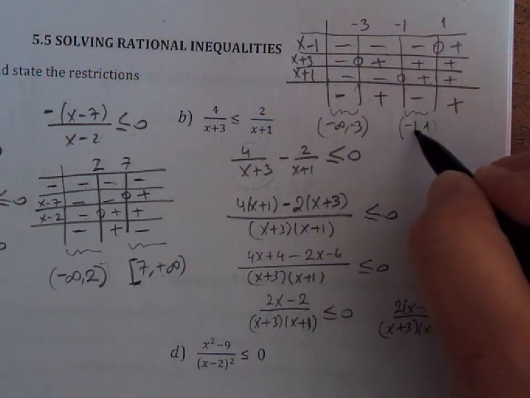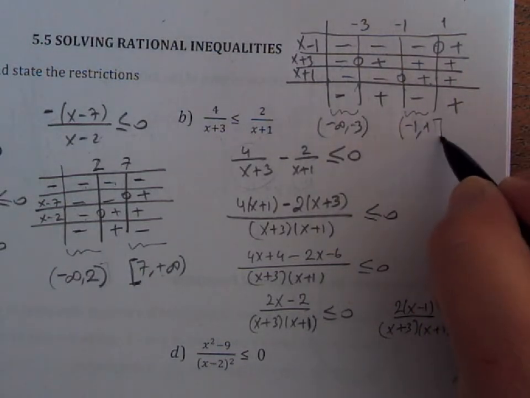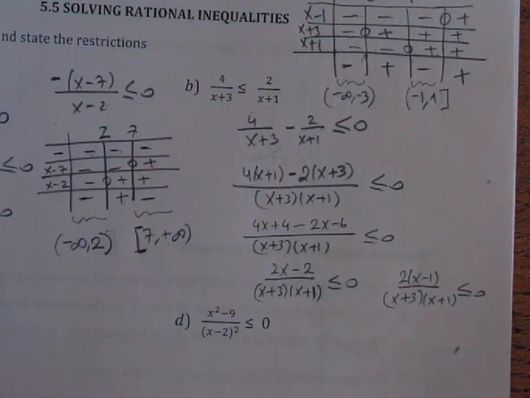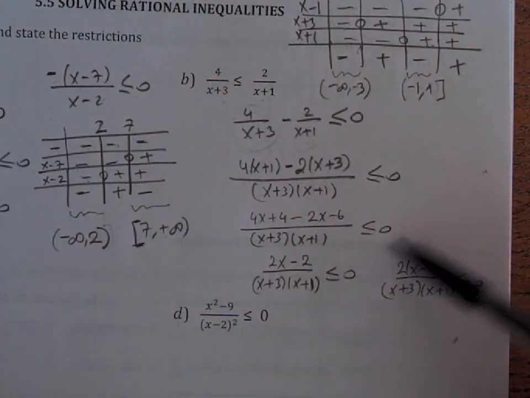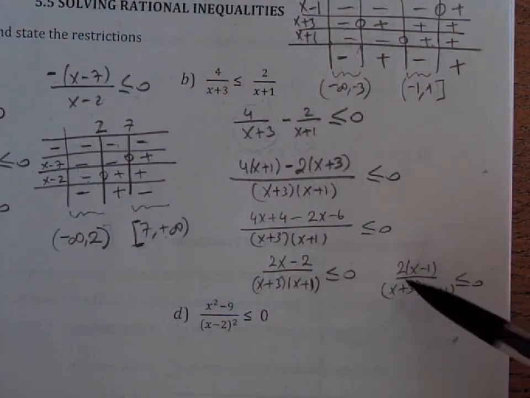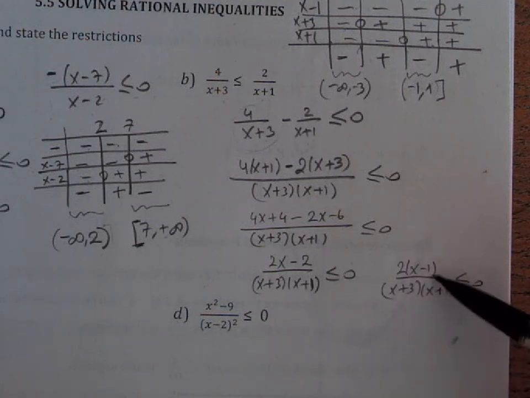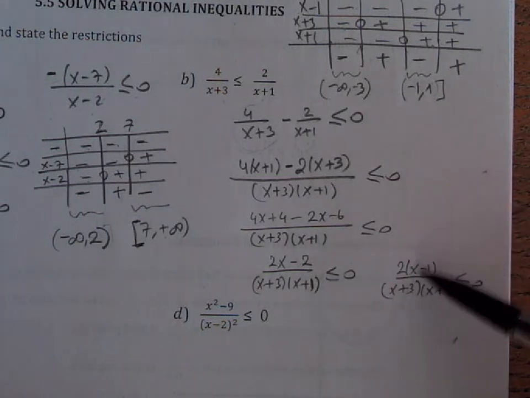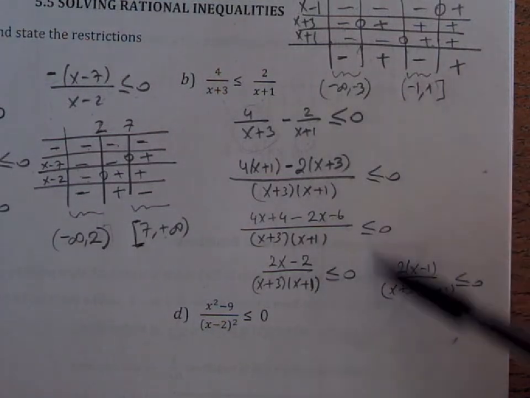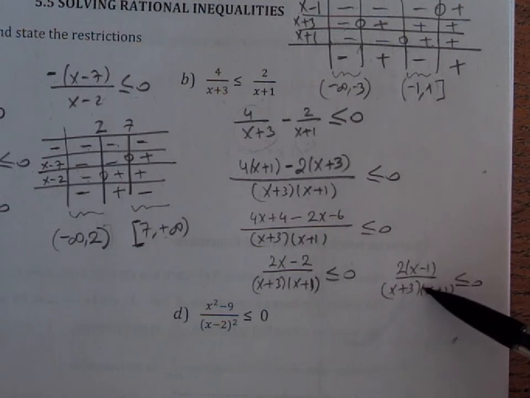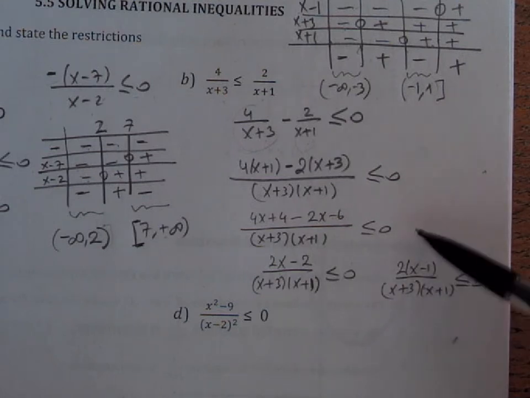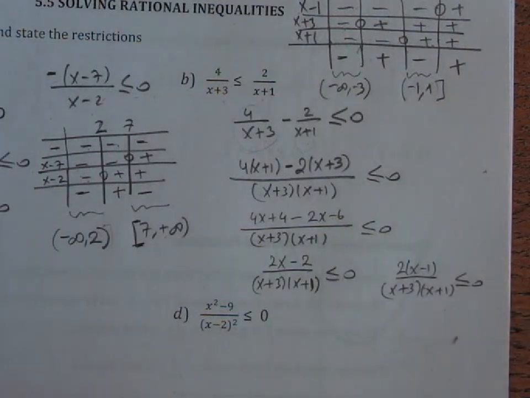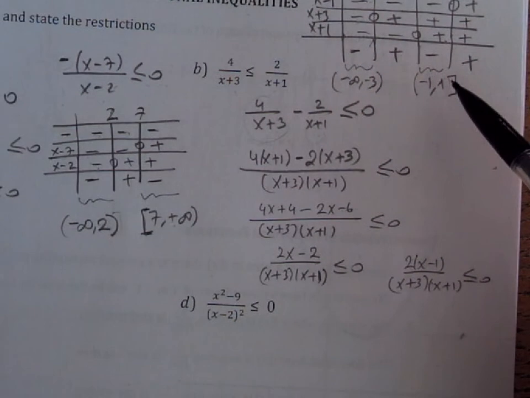I have to use round bracket, and this side is the square bracket, because 1 makes this rational expression 0. So you get 0 over something, right? So it gives you a 0, which is fine. 0 can be taken. But negative 1 and negative 3 make the denominator 0. So a number over 0 is not acceptable. Therefore, they are not in the solution.